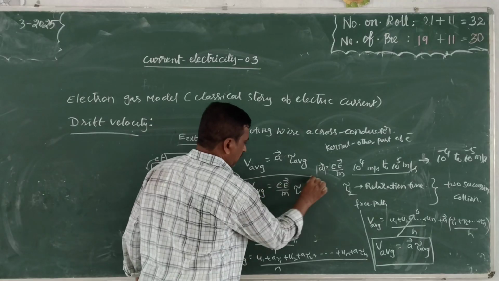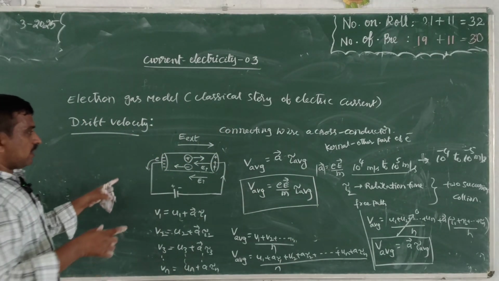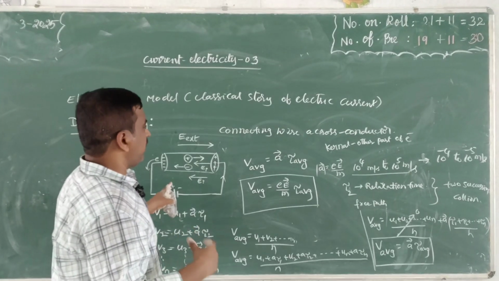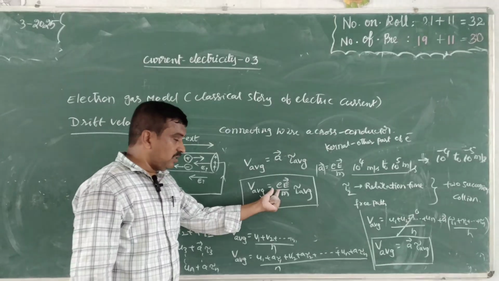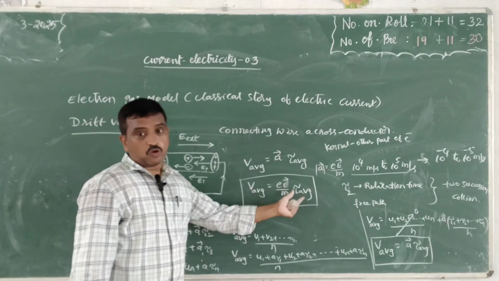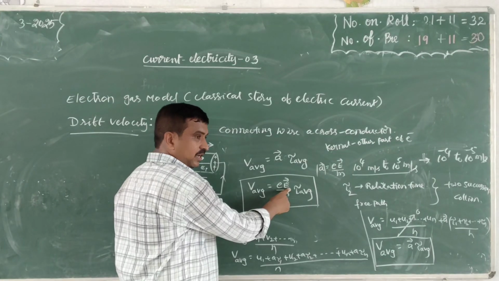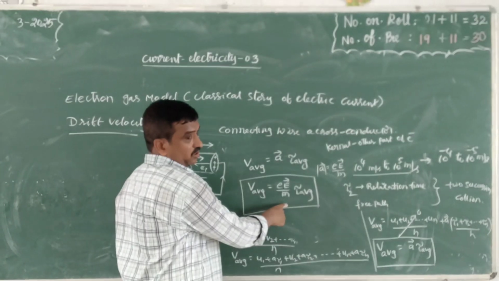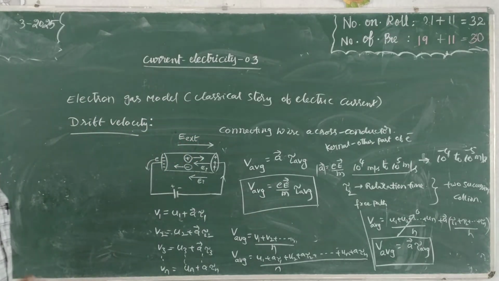It is the average velocity of an electron when a wire is connected across the conductor. In that case, what is the average velocity of the electron? e capital E by m tau average. Here e means charge of electron, E means electric field, m means mass of the charged particle, tau average means average relaxation time.